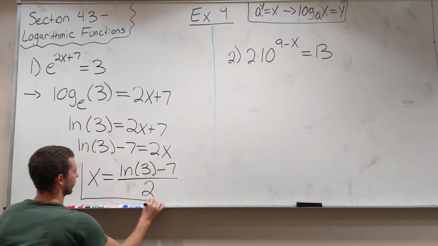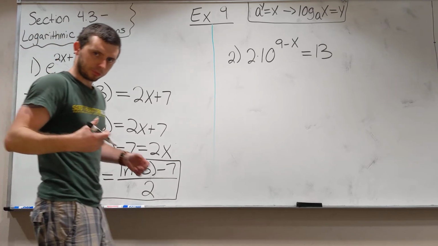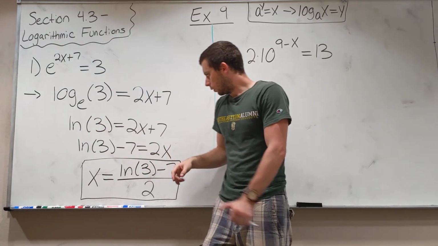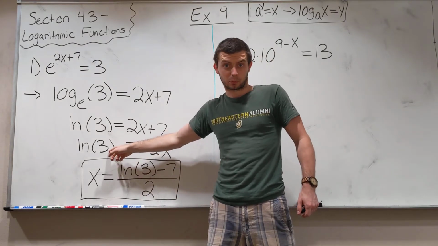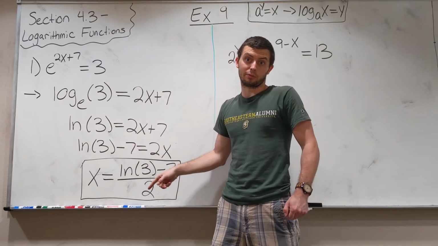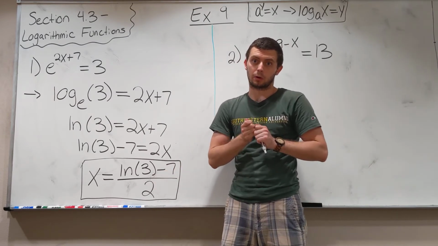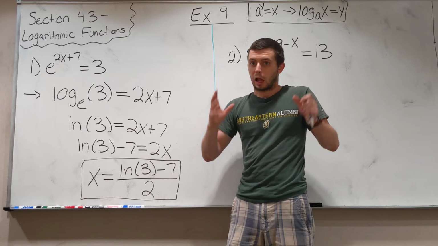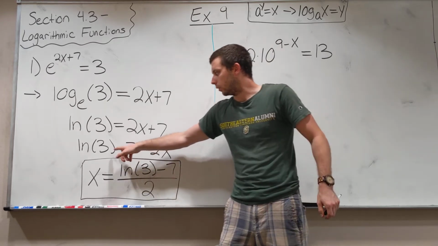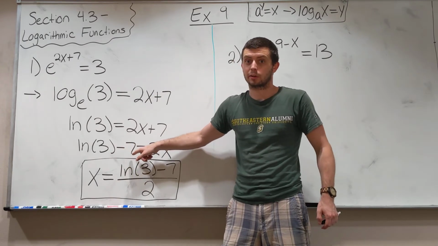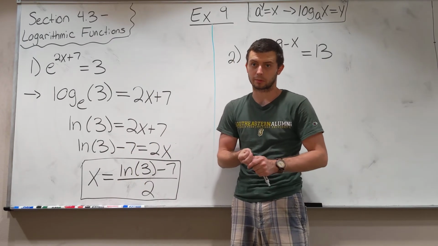A common mistake I see from students is that they'll subtract the 7 and put the 7 in the parentheses, or they'll subtract 3 minus 7. You cannot do that. If a number is in a log or a natural log, outside numbers cannot affect it. So we do not have 3 minus 7 here. That actually breaks order of operations.